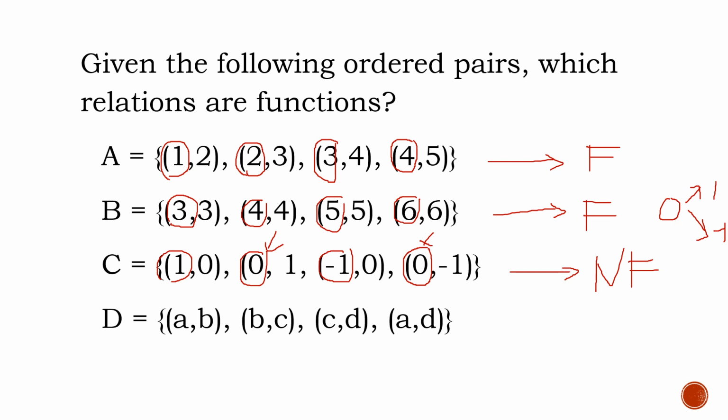Meaning, one value of x, which is your 0, will be mapped to two values of y, that will be -1 and +1. In simple words, if we apply the value of x, which is 0, to a function, it can provide you two values of y, which is +1 and -1. Meaning to say, your set of ordered pairs under your letter C is not a function.